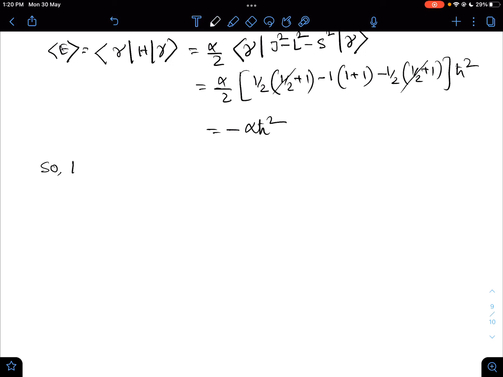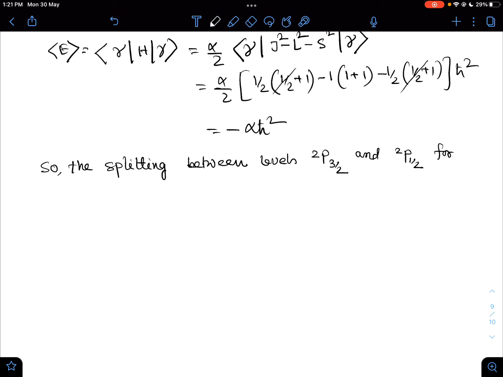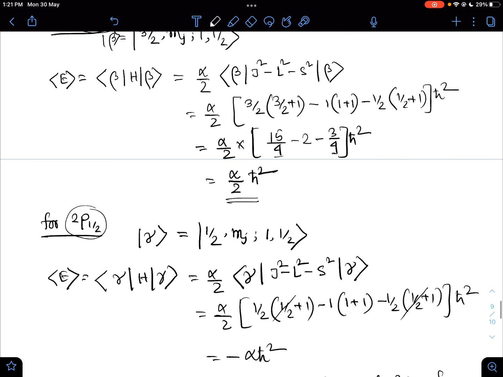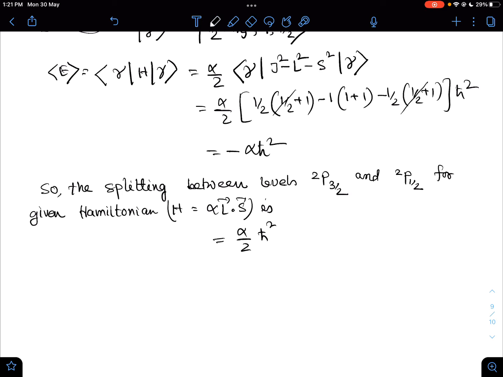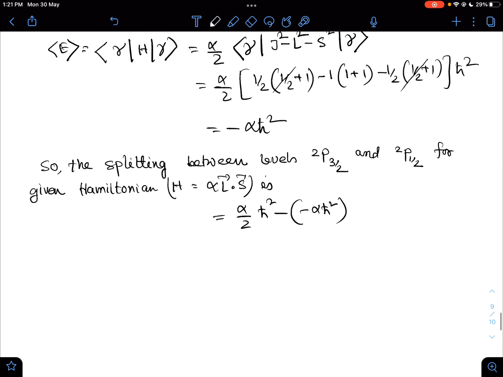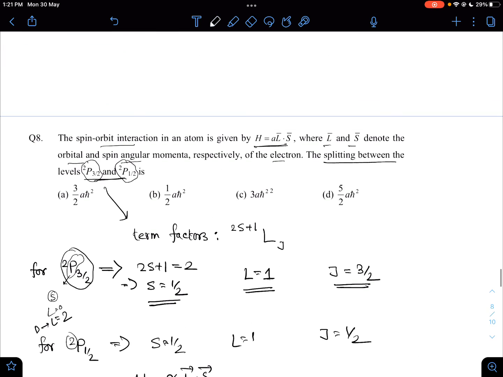So the splitting between levels 2p 3/2 and 2p 1/2 for the given Hamiltonian α L dot S is α/2 ħ² minus (minus αħ²), which is 3/2 αħ². So our correct option is A.